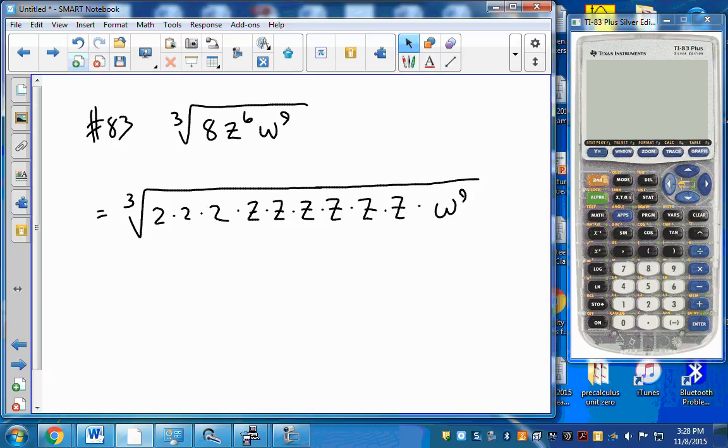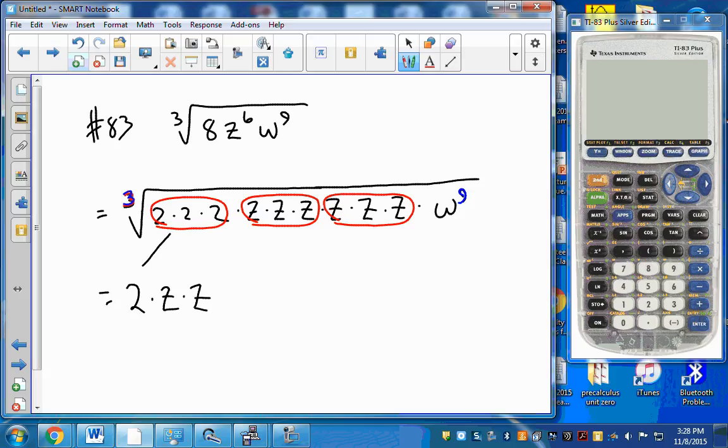Okay, so because the index is 3, we're looking for triples. There's a triple, there's a triple, there's a triple, and 3 would go into 9 3 times. So there'd be 3 triples in here, and all those come out front. So we have 2 times z times z.